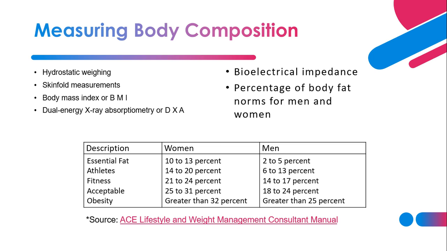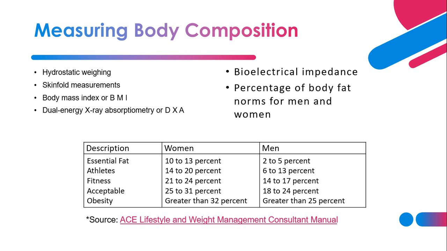Dual energy X-ray absorptiometry, or DXA, or DEXA, is an extremely accurate way to assess body composition. This technique requires that the individual lie on a table while a machine using two energy sources scans alongside the body. This procedure yields an estimate of the body's density as well as information about the amounts of fat stored in different parts of the body.